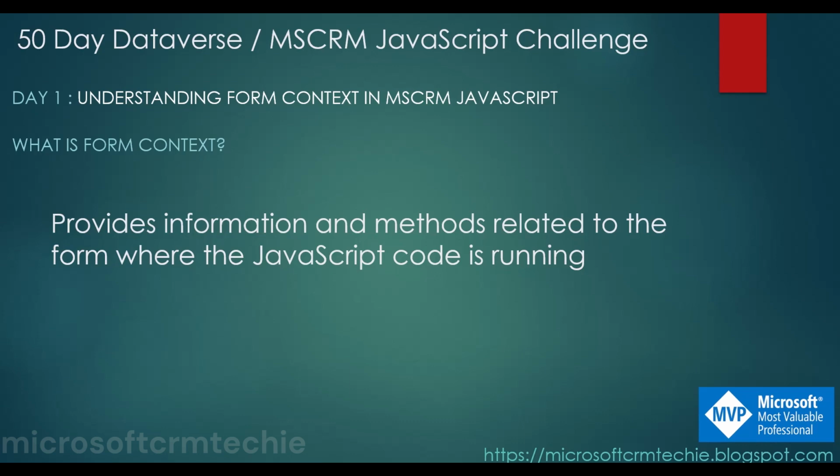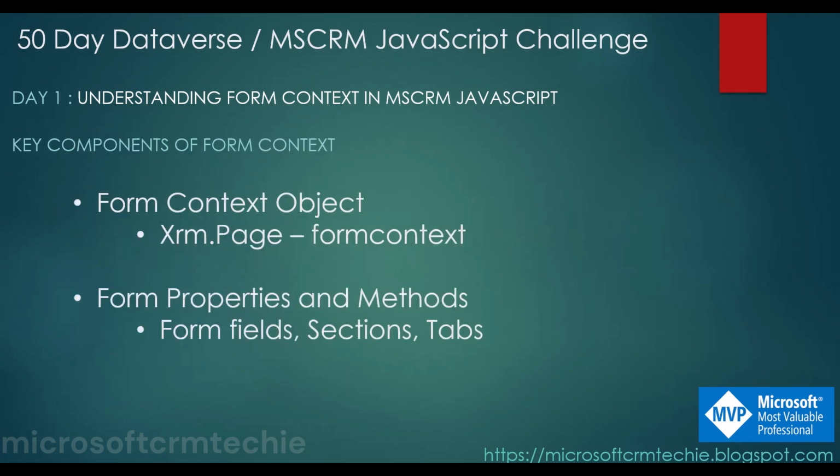Initially we were using xrm.page and getting it from there. Now we are simplifying it and getting it via the form context, so we are using a form context variable here. It's simple. It provides information and methods related to the form where the JavaScript code is running. That's it.